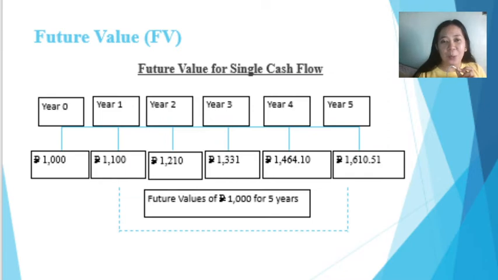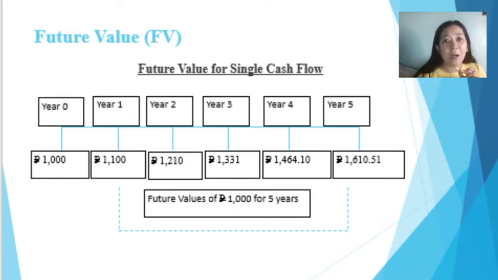To illustrate in another way for you to understand it better, we have the following. This is another way of illustrating how we arrived at the future value after 5 years. Here we have year 0, which is the current period in which you placed your investment of 1,000.